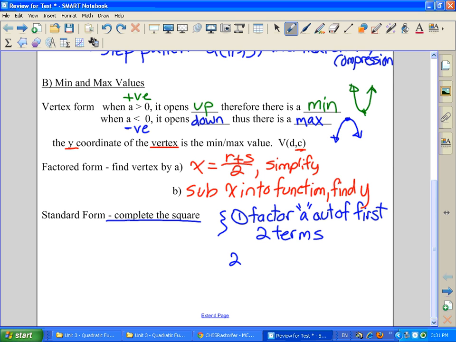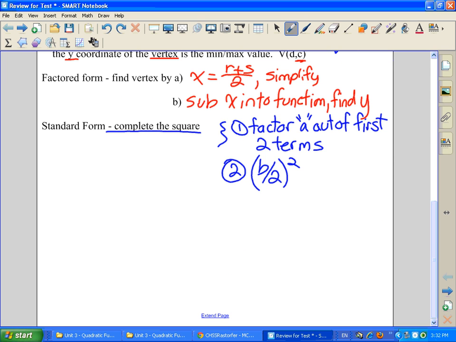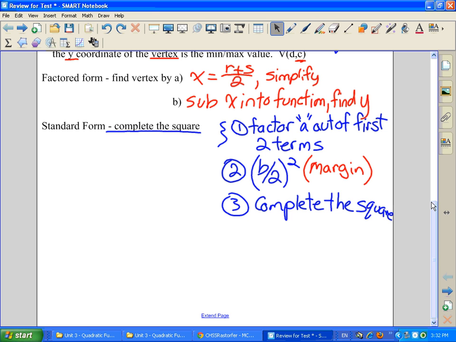And then second one, remember you're taking, in the margin, b divided by 2, and you square it. And then three, complete the square, and you're given your vertex. And just remember, folks, for number two, do that in the margin. Please don't make it part of your regular solution. It just destroys the flow of your equation.